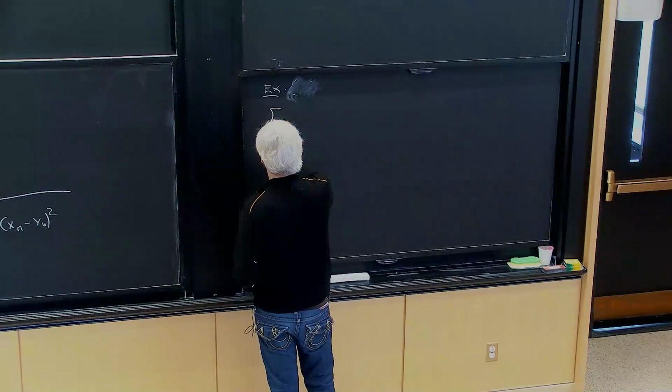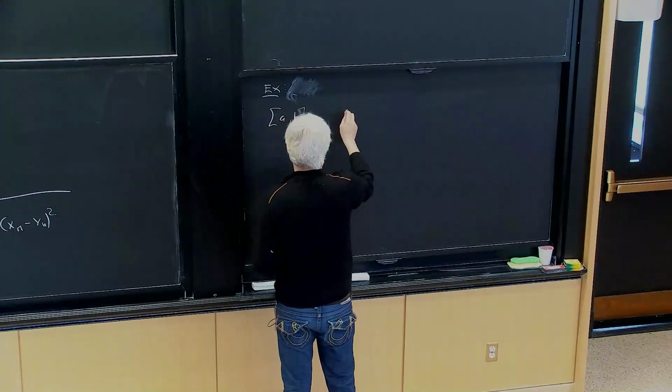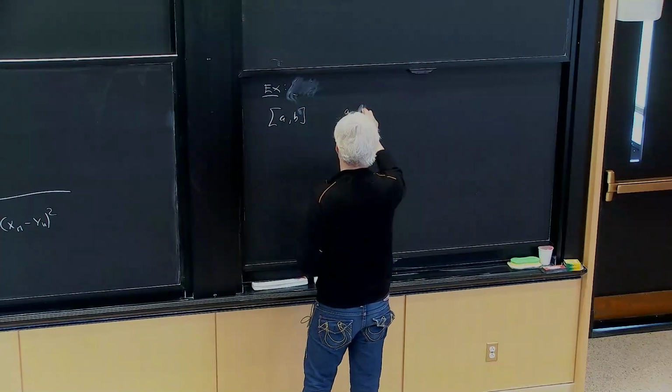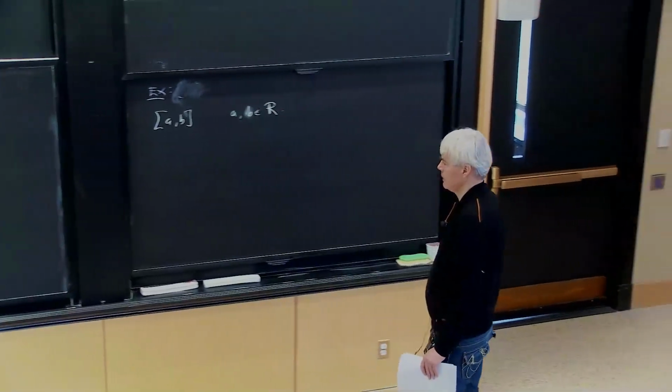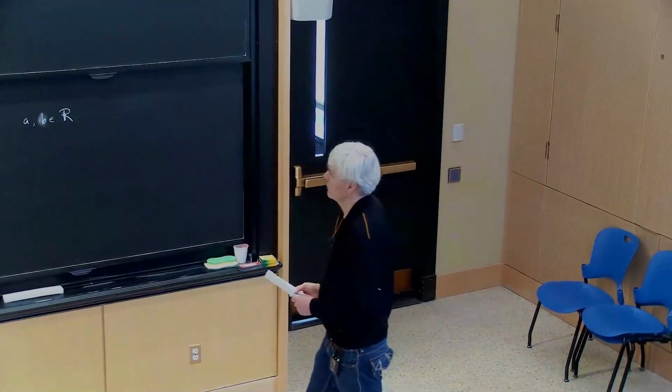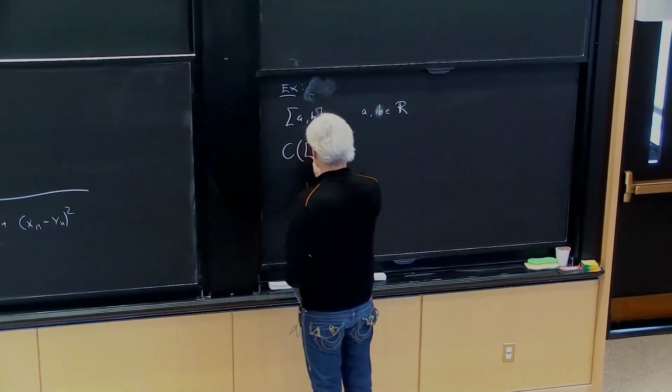So if you take an interval, a and b are real numbers, and you're looking at the interval from a to b, where both endpoints are included, and then you look at the continuous functions on this interval.